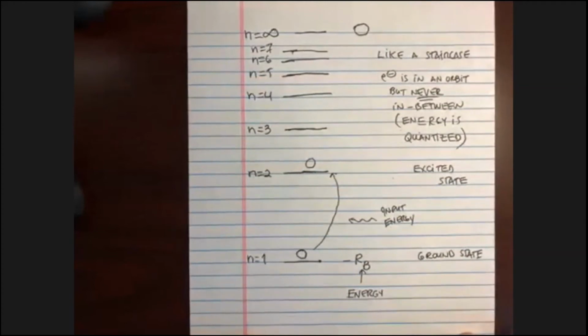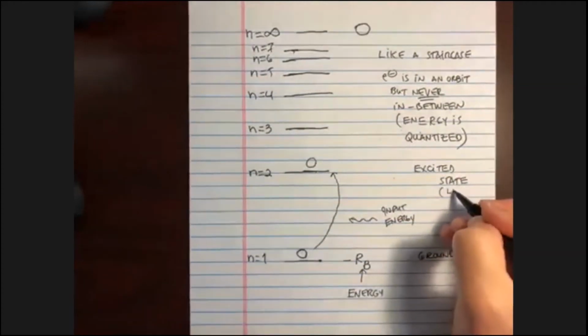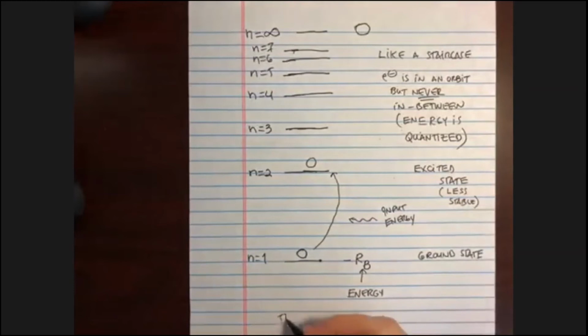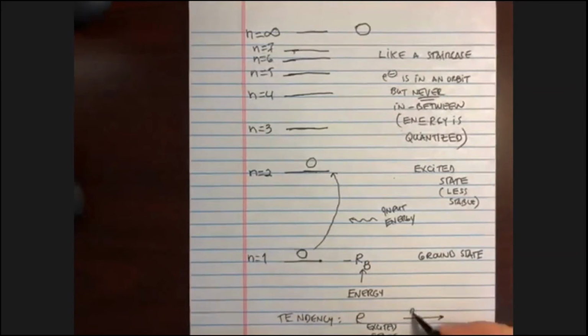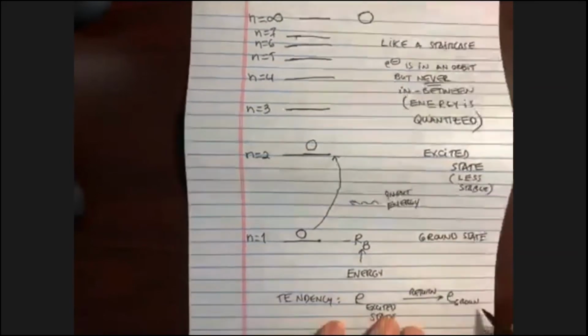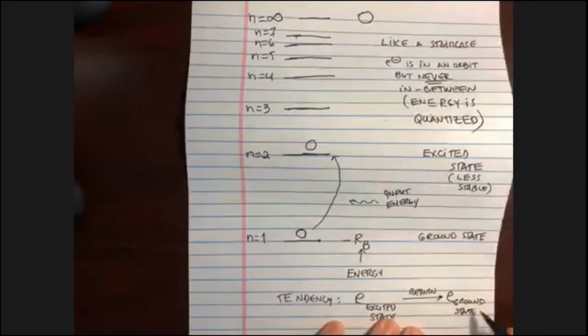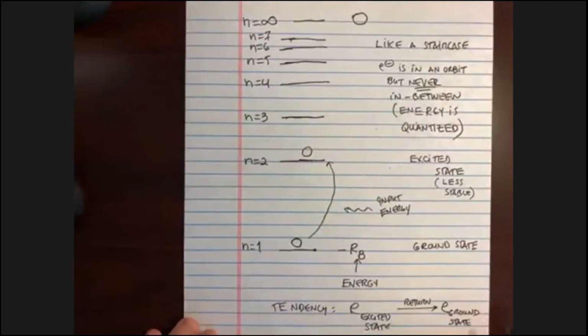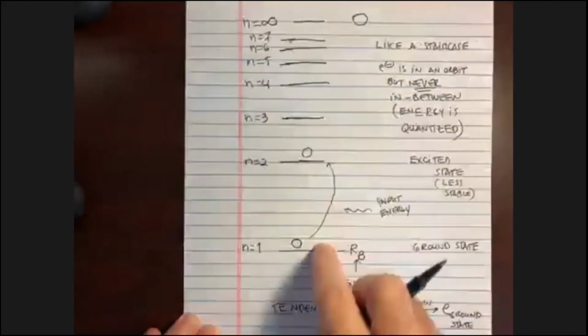Because the excited state is less stable, the tendency is for the electron in the excited state to return to the ground state. But there's a problem with that. You put energy in, what happens to that energy now?